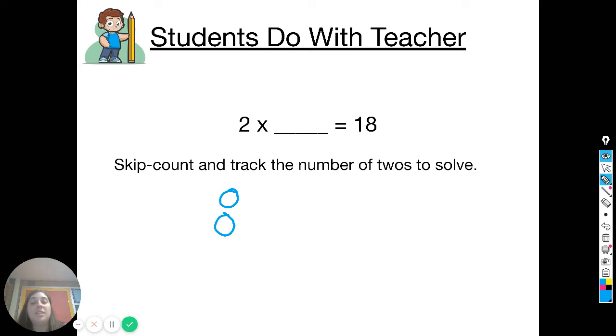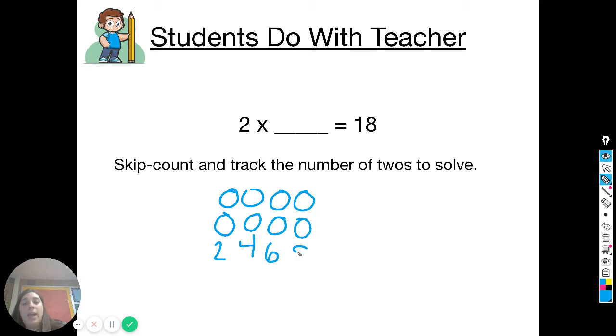And you need to skip count to track the number of 2's. 1, 2, 3, 4, 5, 6, 7, 8, and you're going to keep going all the way across, adding to your 2 rows until you get to 18.